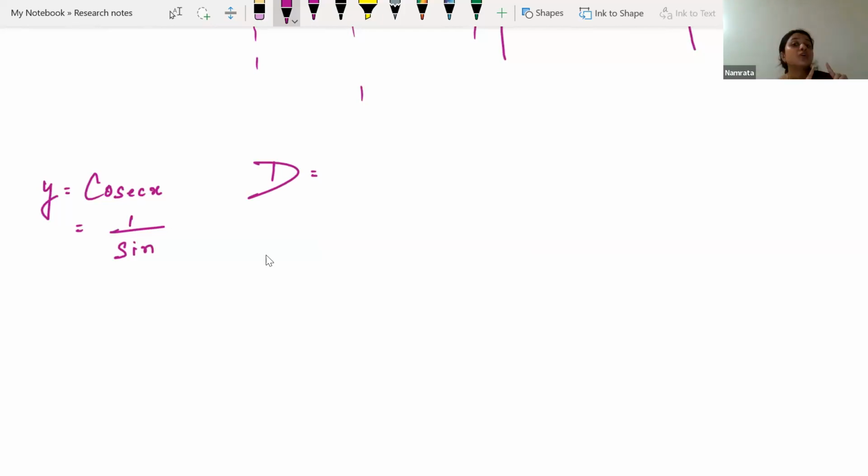What are those points where the sine is 0? Integral multiple of pi. Okay, so domain will be all real numbers, but x must not be integral multiple of pi. Those are the domain, right?